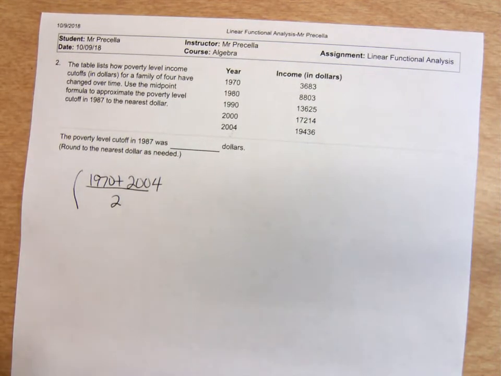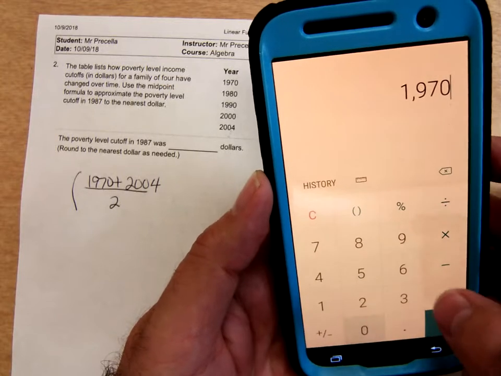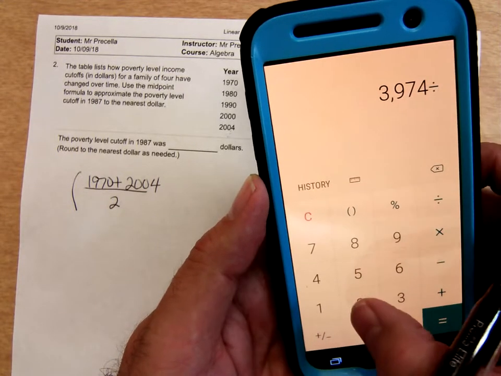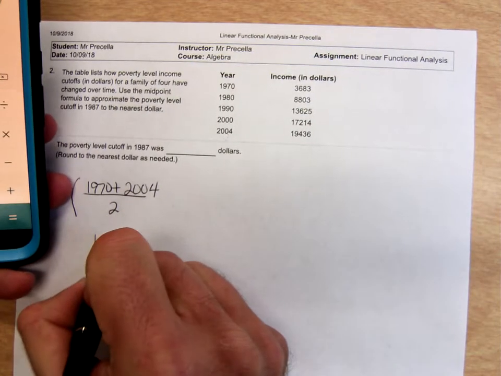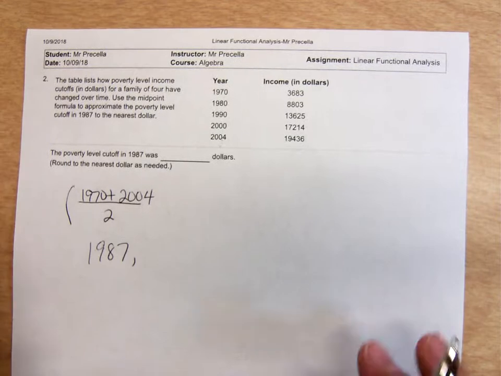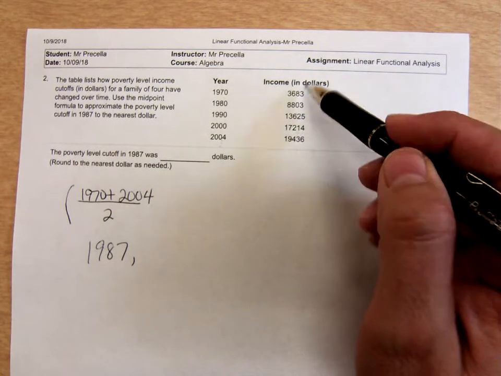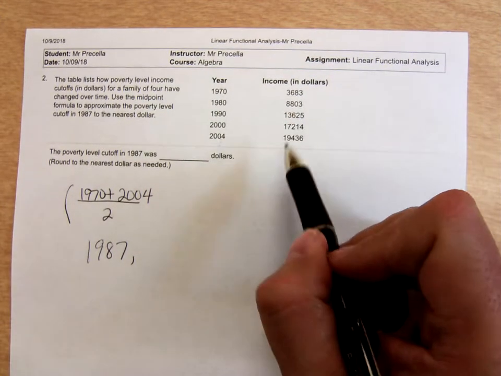If I don't, then the midpoint formula really wouldn't be applicable here. So 1970 plus 2004, dividing that by 2 is 1987. So yes, we can approximate the poverty cutoff in 1987 by using that midpoint formula.